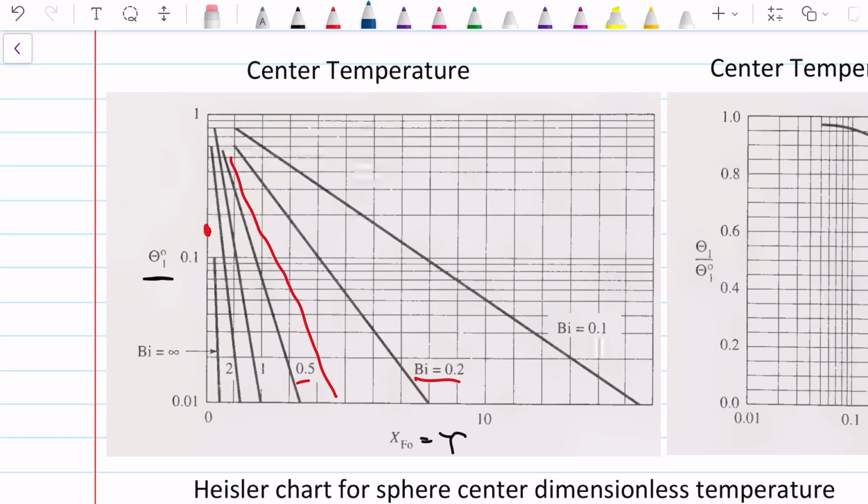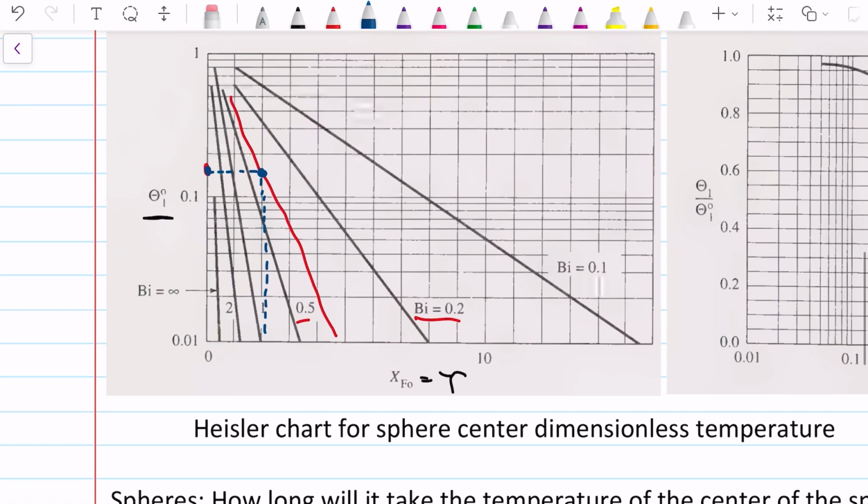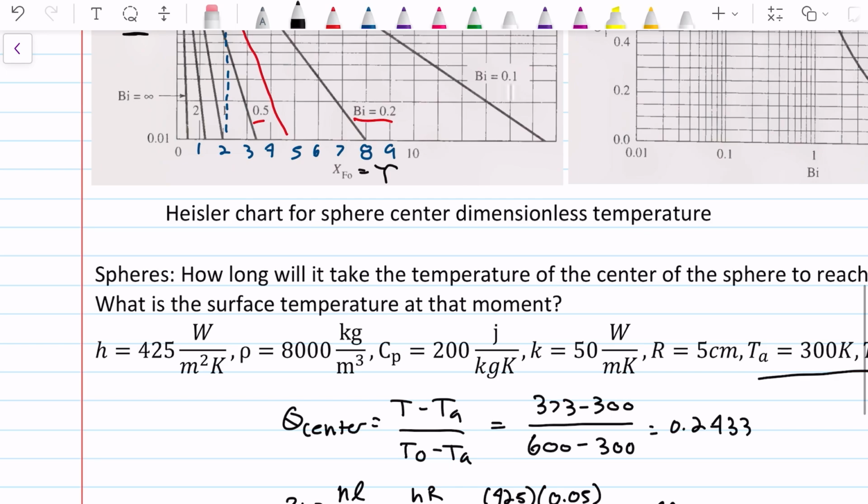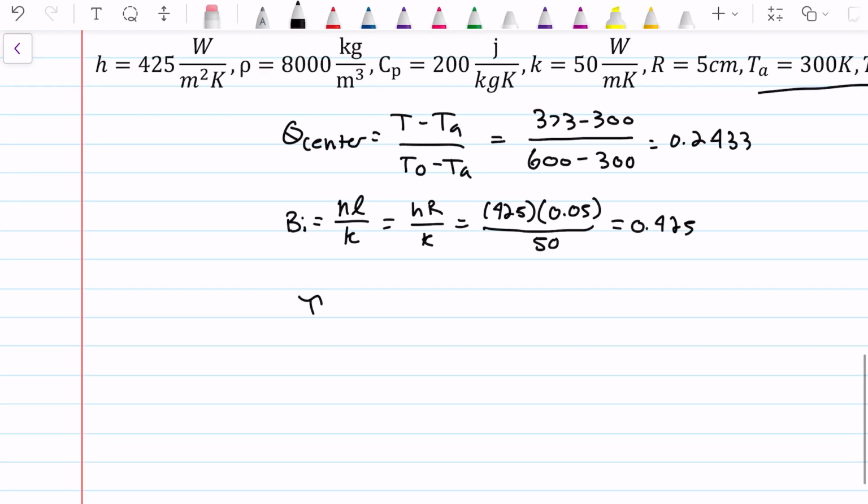So then if we go over, something like that. So let's see here. Looks like it's around a tau of 2. Right? It's like a tau of 2.